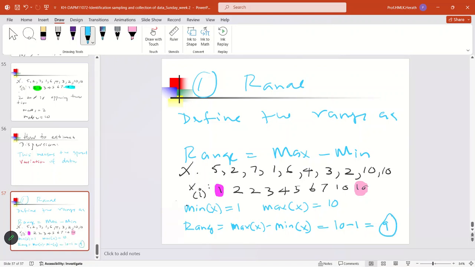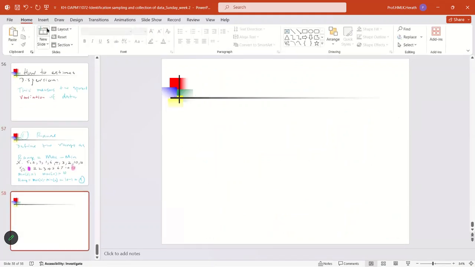This is the range. The problem is the range is sensitive to outliers.